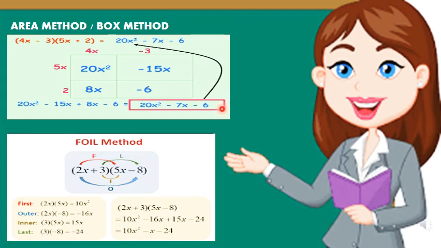So work this out so that you will understand it more clearly. So these are the two methods to find the product of two binomials. First is the box method and second one is the FOIL method. So whichever is easy for you, you can follow that method in your test. So hope it is clear to you all.